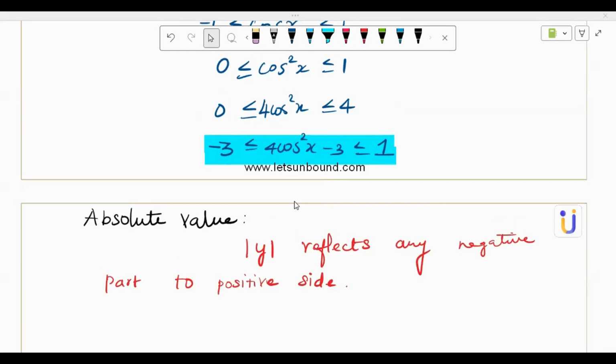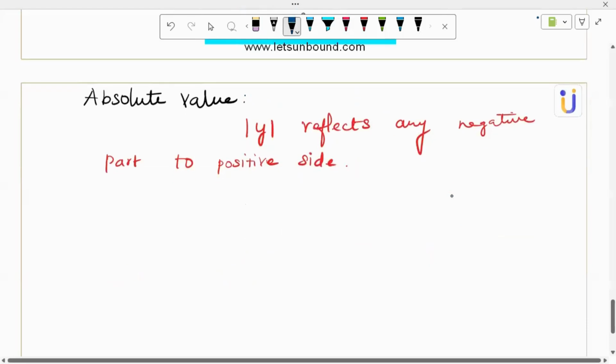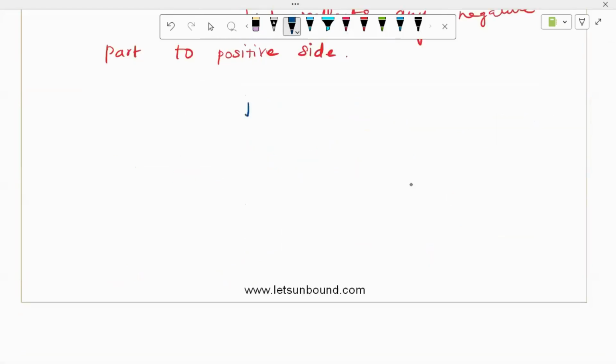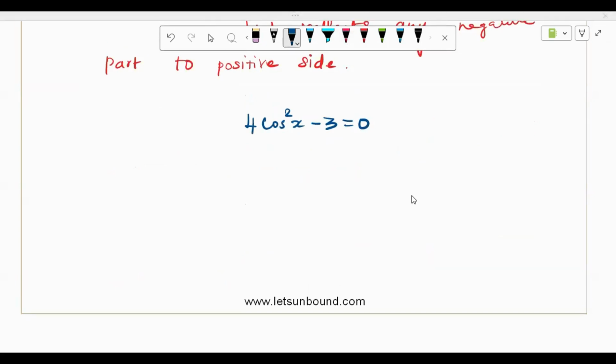Okay. But to graph 4 cos square x minus 3, we need some parameters and key points. Let's go with that. So 4 cos square x minus 3 equals 0. And we already solved this, right?